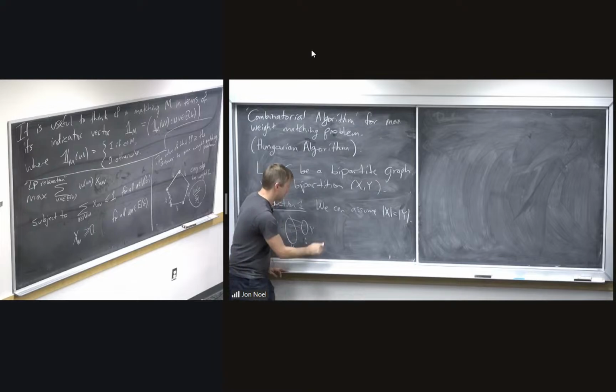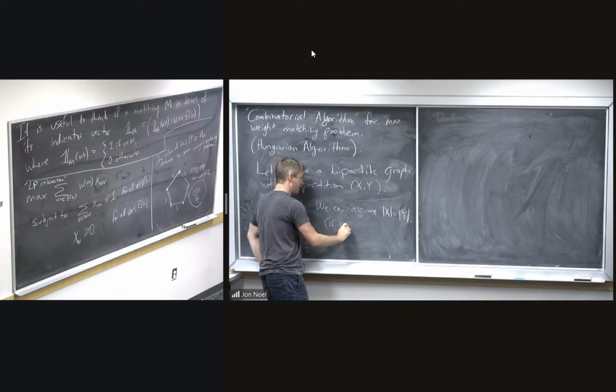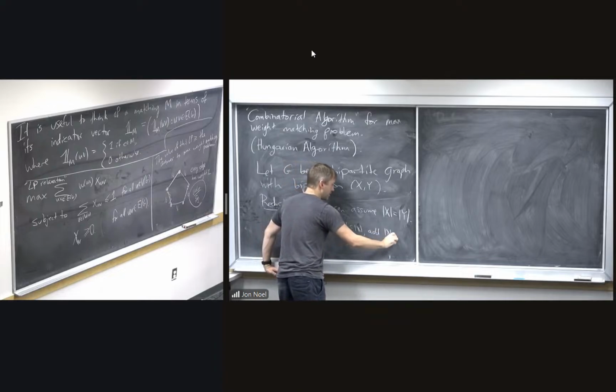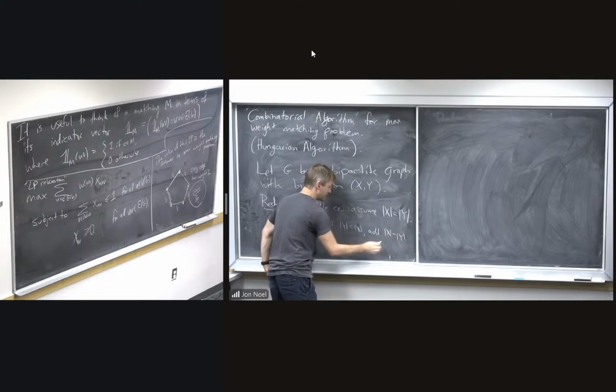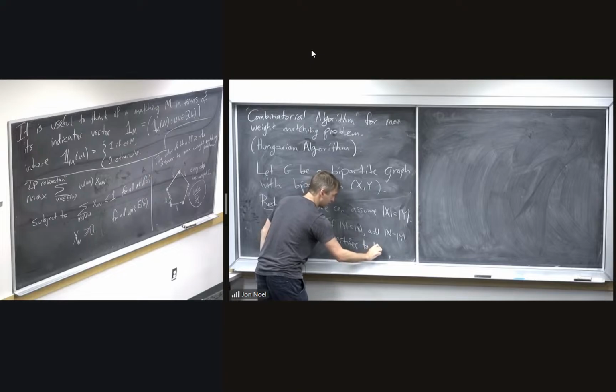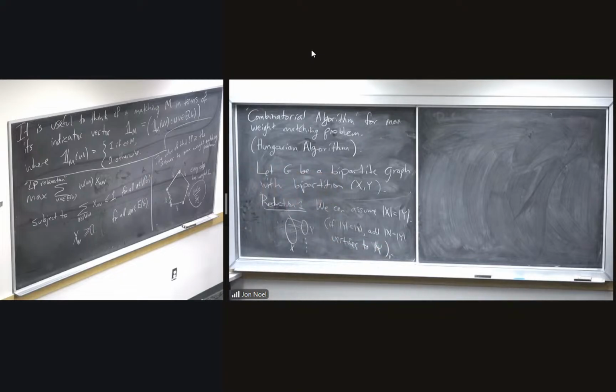So if Y is smaller than X, add |X| minus |Y| vertices to Y.